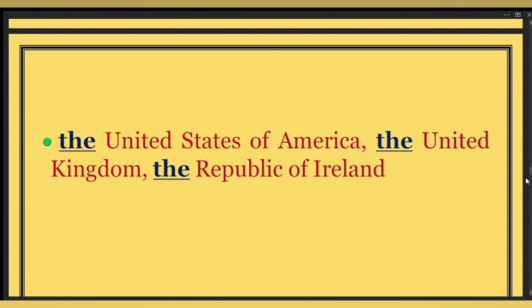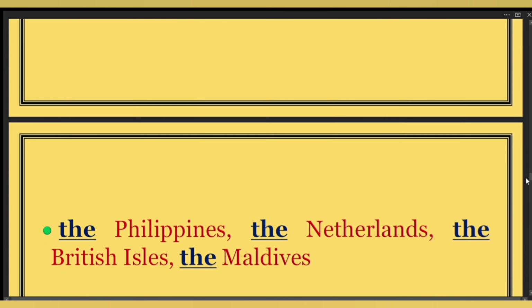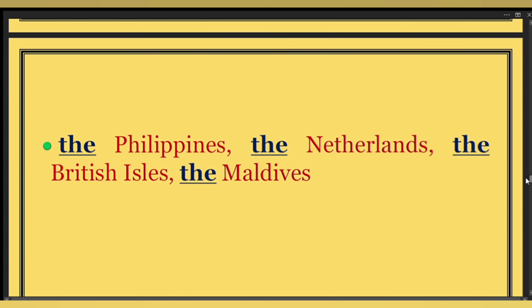For example, the United States of America, the United Kingdom, the Republic of Ireland. Then, before the plural names of countries, for example, the Philippines, the Netherlands, the British Isles, and the Maldives.